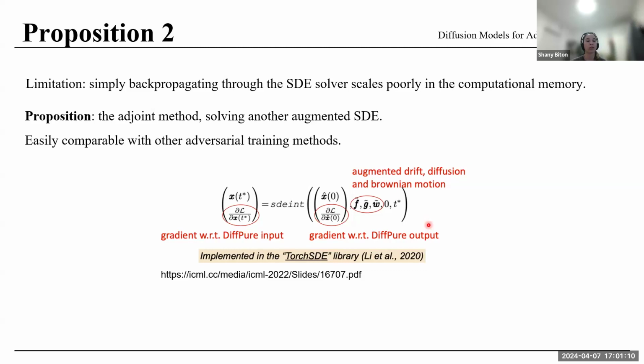And in order to be able to compare this method with other adversarial training methods, they have to be able to extract gradients which are useful for different adversarial attacks. So now that they manage to successfully calculate the augmented SDE, they can easily compare this method to other adversarial training methods.